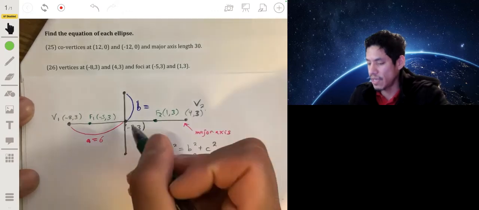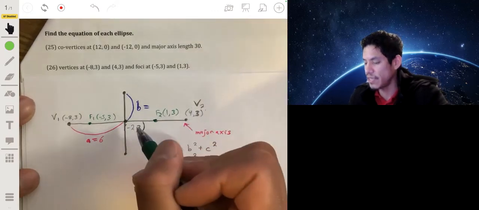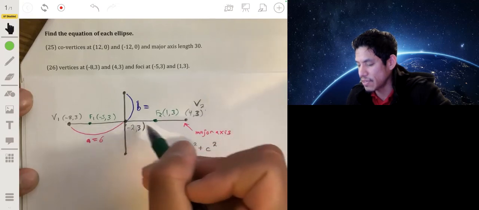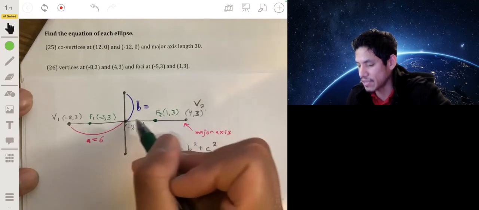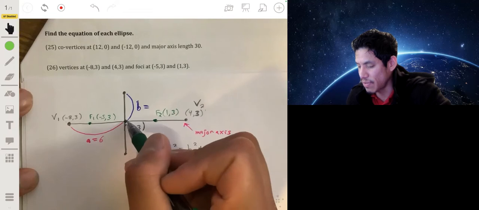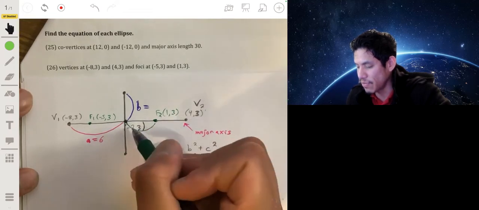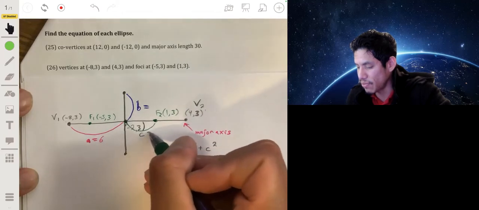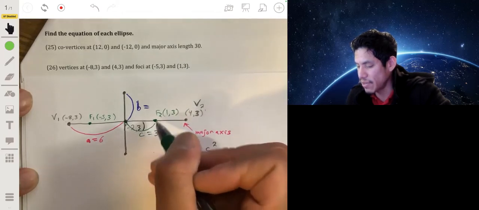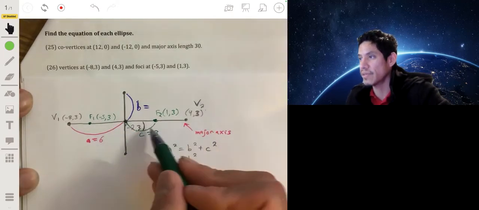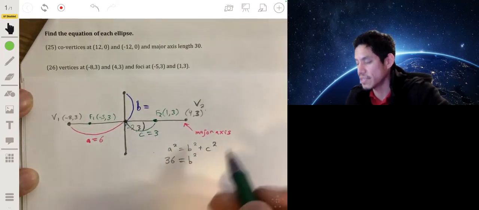So the value of c is the distance from the center to the foci along this axis. So the distance from the center to this point, we go from -2 to 1. So that's 3 units away. 3 units to the right, 3 units to the left. So c is 3, so c squared is 9.